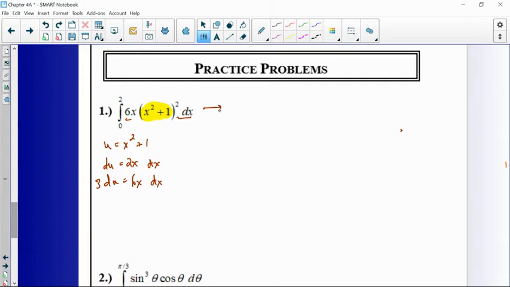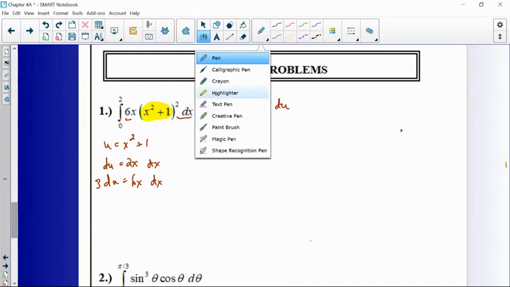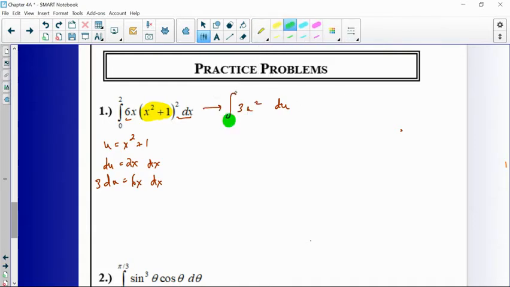So now my integral can be 3 du, and it's u to the second power, which is really nice. But let's change our bounds. Remember, our bounds have to be in the world of u. And this is our translation. So 0 squared plus 1 becomes a 1. And then 2 squared plus 1 becomes a 5.